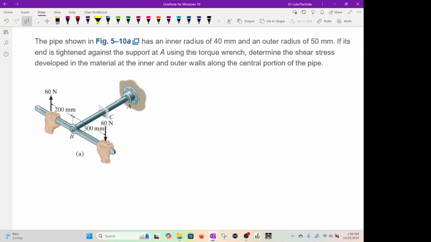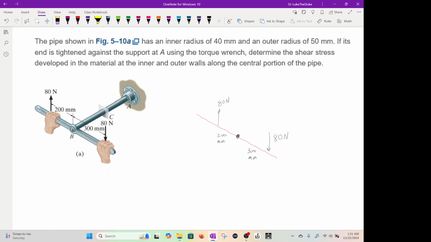All right, so I'm going to redraw the sketch. And we have 80 newtons here. We have 80 newtons here, and it's right there. Okay, so we got 200 millimeters, 300 millimeters, and then we have this shaft right here.